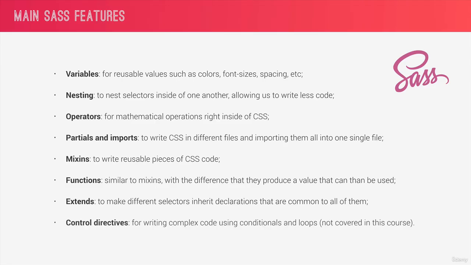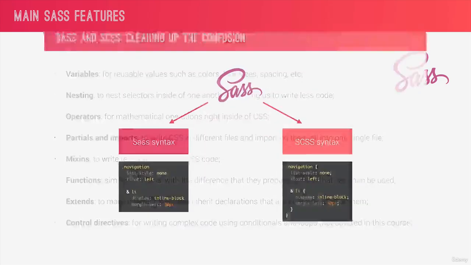And finally, control directives allow developers to write complex code using conditionals and loops like in a real programming language. However, we do not cover this topic in this course because it's usually not needed in a real-world project. It's more for writing CSS frameworks or something. So this was just a very high-level overview of Sass, and in the next 2 lectures, we're actually going to start using this, and everything will make a ton of sense to you.